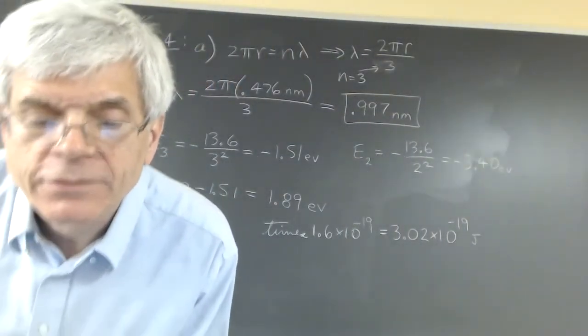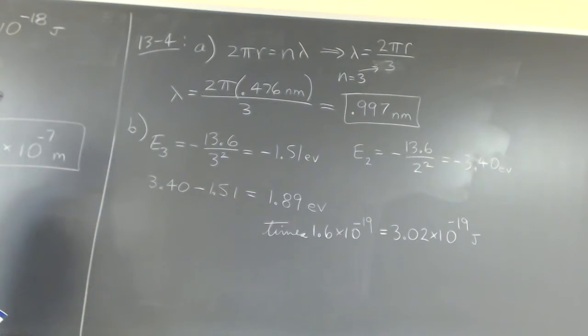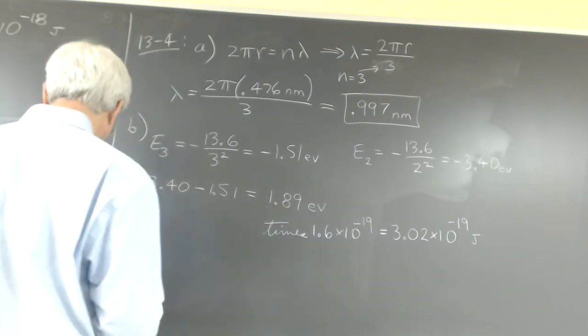So 3.02 times 10 to the negative 19th joules is the energy of this photon. And last step, or you could think of it as a couple of steps, I suppose, but yeah, let's write it out as 2 steps. Might be easier for you that way.